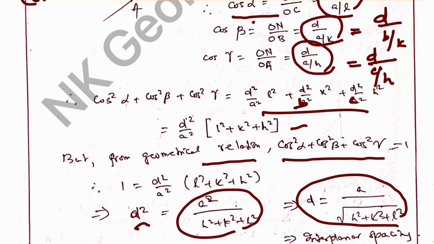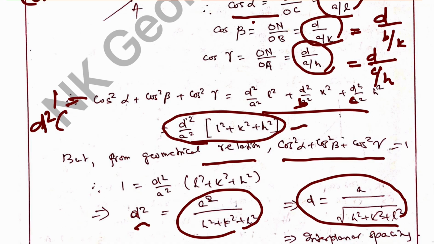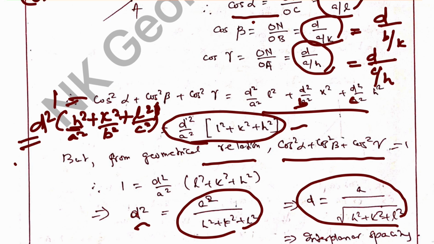So here, if we take this square common, because this is equal to 1, if we take this square common, H square plus K square plus L square, over A square, B square, C square, this will be equal to 1.